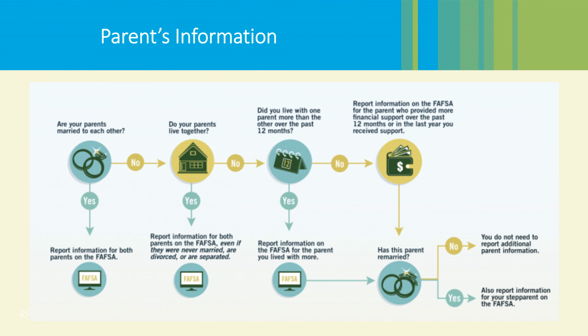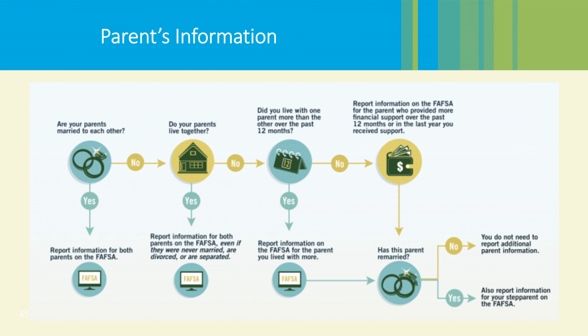This chart will help you walk through who are considered your parents. Are your parents married to each other? If yes, you report both your parents' information on the FAFSA. If no, if your parents never got married but they live together, then you still report both parents' information on the FAFSA.